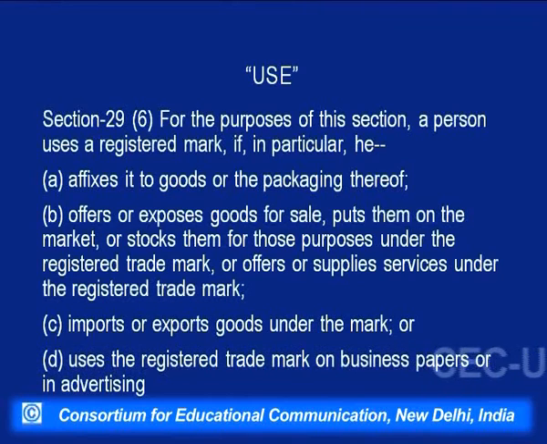Whether the wrongdoer has used it by affixing the trademark onto his goods, whether he has used it in importing or exporting, whether he has used it on business papers or in advertising. If the wrongdoer is found to be using the trademark in either of the manners written under section 29, then he can be held liable for making an unauthorized use of a trademark, and he can be called an infringer of that trademark.